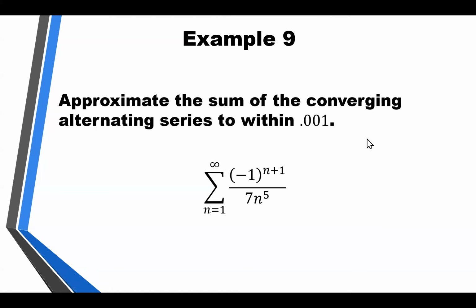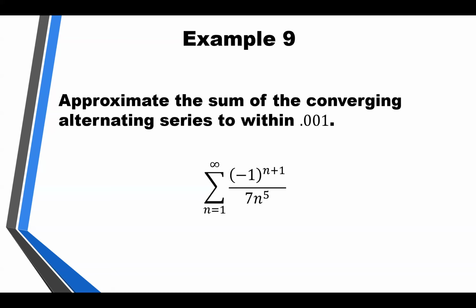Let's try one more of these. Let's approximate the sum of this alternating series to within 0.001 of the actual summation. Now, I do want to state that we haven't shown that this alternating series converges, but it does.